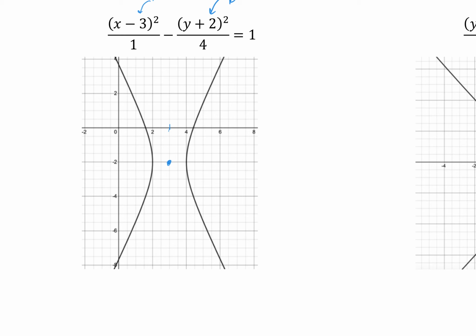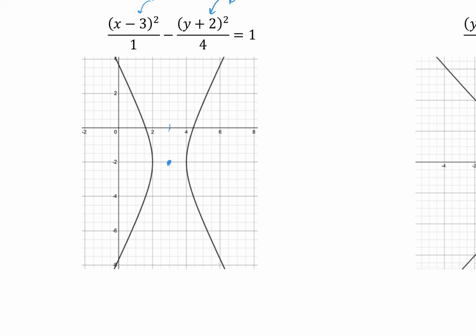In a circle, if you go from the center to the circle itself, you're going to have that radius, that same distance all the way around. In an ellipse, the center corresponds to the largest distance from the vertices. And in a hyperbola, the center corresponds to the shortest distance from the vertices.